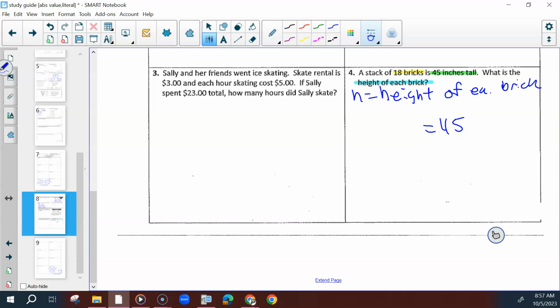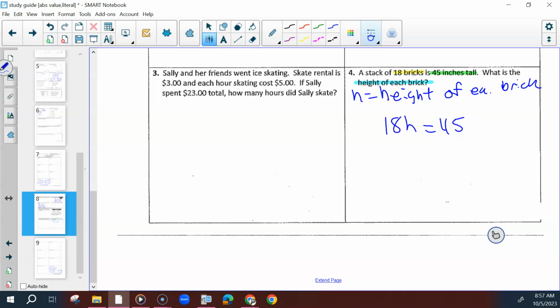How could we set this up? We have 18 bricks total, and we need to have the height for each. What can we do with that 18 and that h? I'm using h, but if you're using x, that's fine.